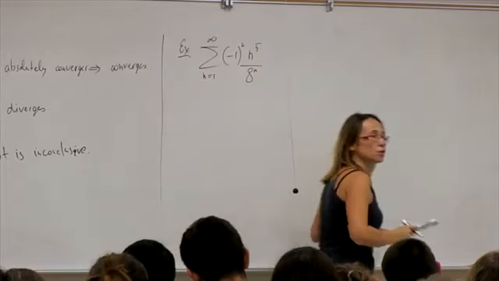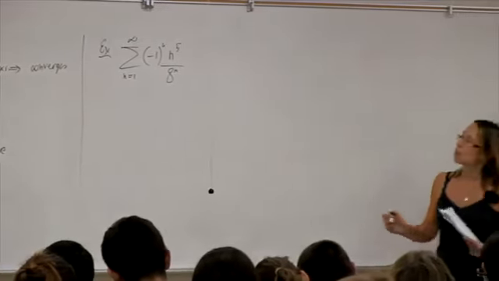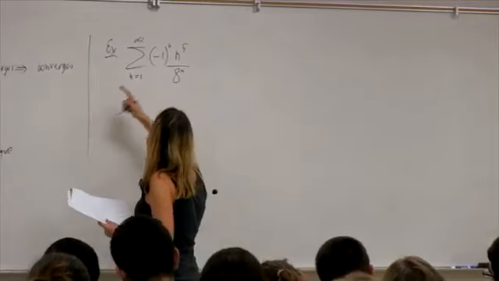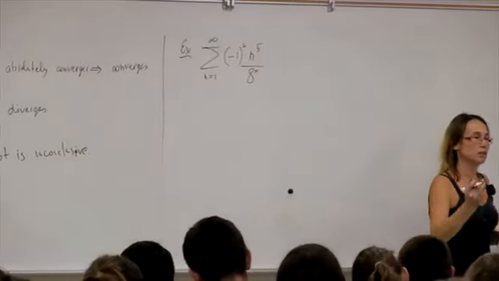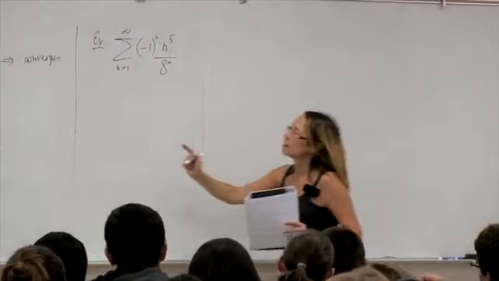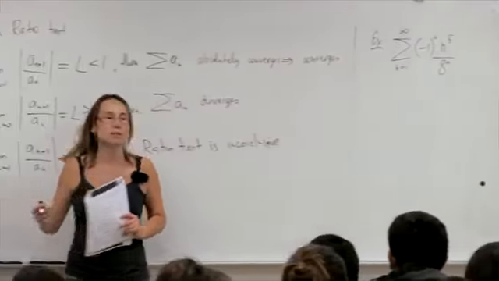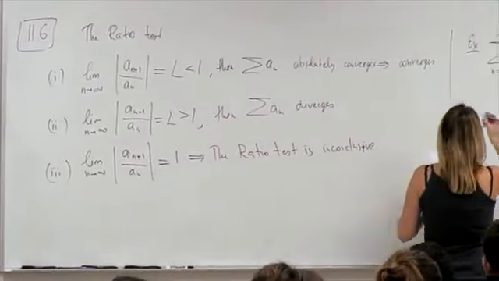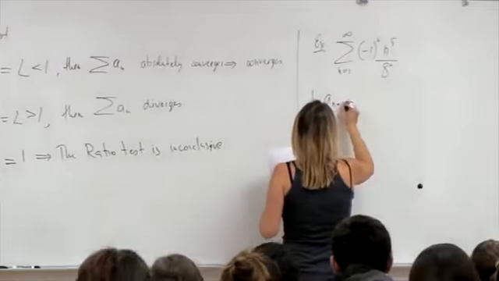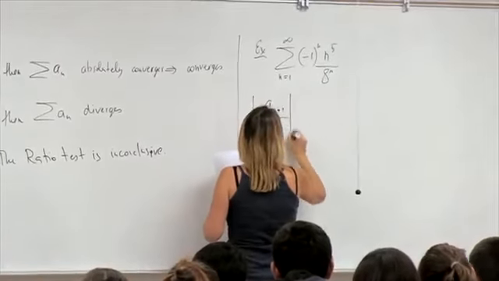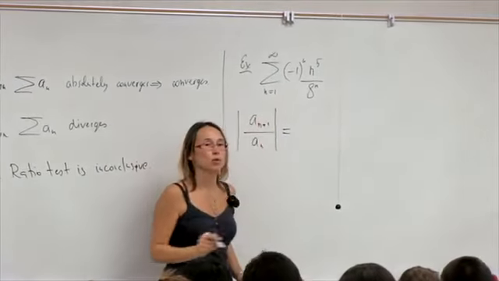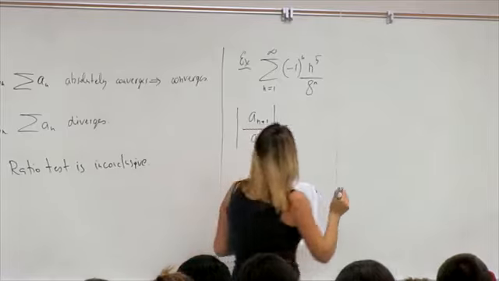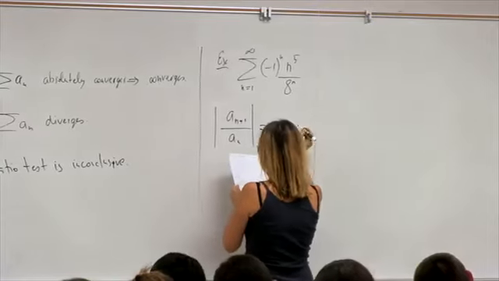This is a perfect candidate to apply this test, because each term looks like a ratio, and when we write down this expression, it will simplify. So this is the object that we always consider. Because we have an absolute value, I can completely ignore (-1)^n. I'm not even going to worry about it.